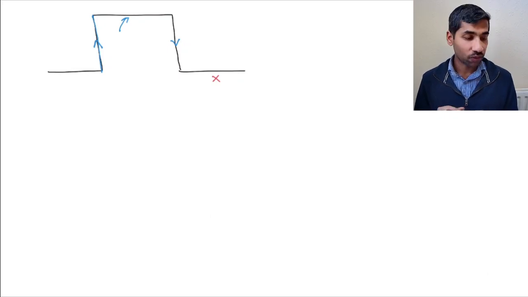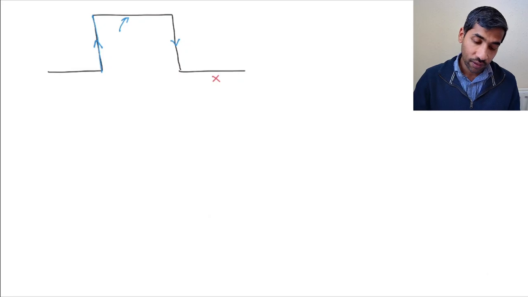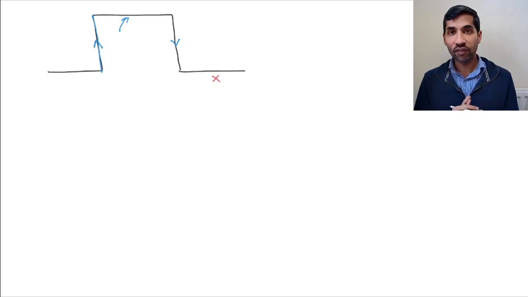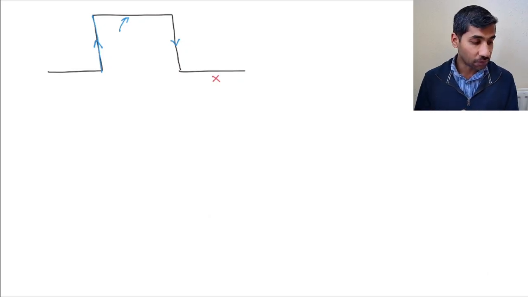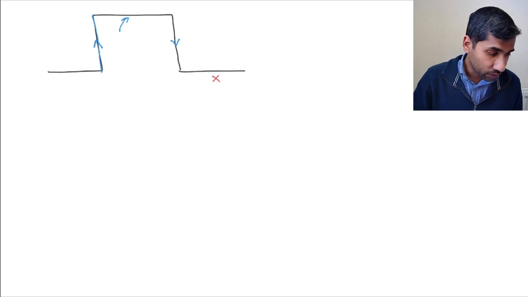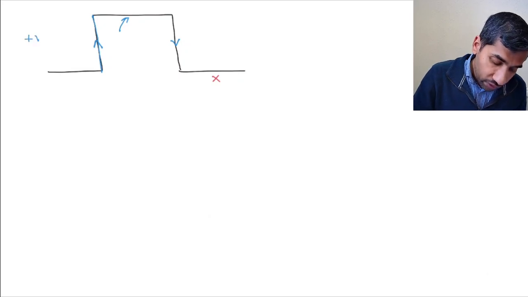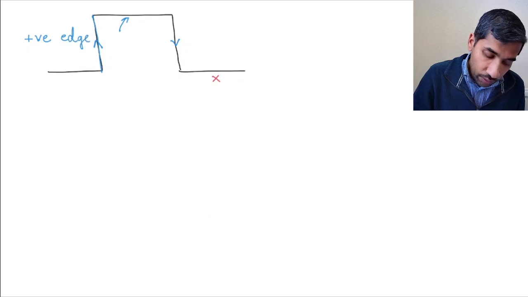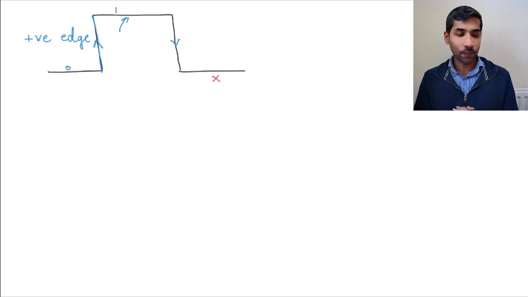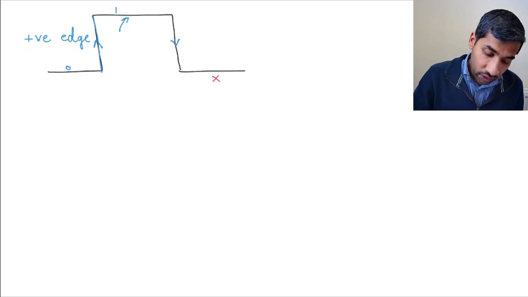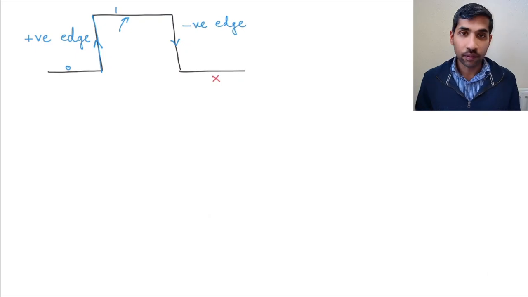But before that, I just wanted to define what these two edges are called by different names and introduce the names to you. This edge is usually called the positive edge. The reason it's called the positive edge is because it's going from 0 to 1, so it's increasing, while this edge is called the negative edge because it's going from 1 to 0.